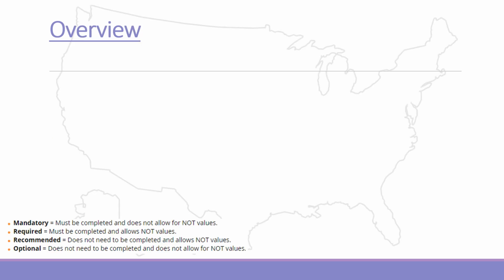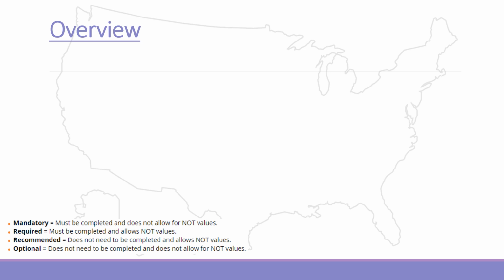So first of all, a real brief overview of NEMSIS nationally versus NEMSIS Illinois. Down in the lower left, you see these are the definitions of the use of data elements. The two things that I want to concentrate on briefly here are mandatory and required. Mandatory means, and this is a NEMSIS term, the element must be filled in, but there are no not values.